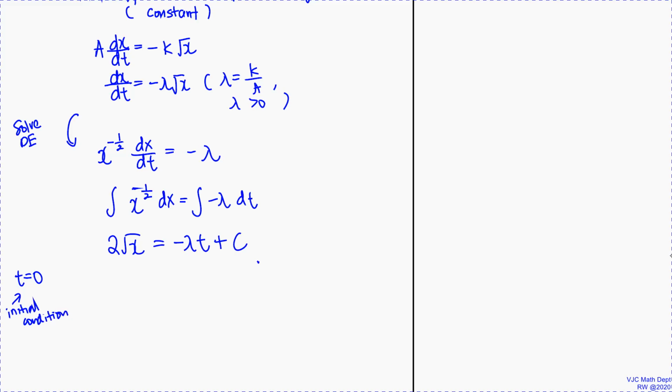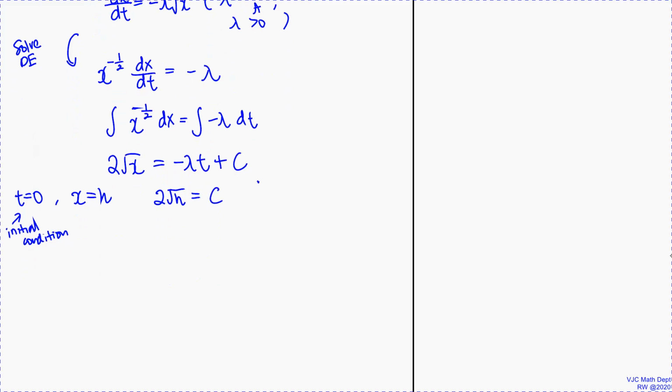Your tank is filled with water, which is x equals to h, because h is the height of the tank. So we can then say that 2 root h equals to c. And therefore, we can say a master equation now, 2 root x equals to minus lambda t plus 2 root h.